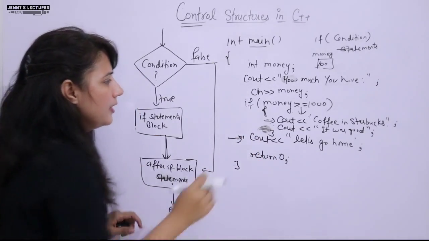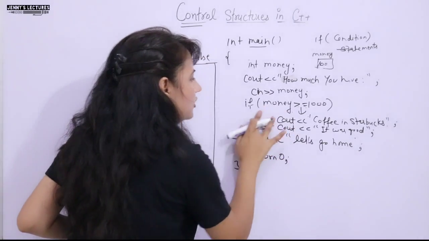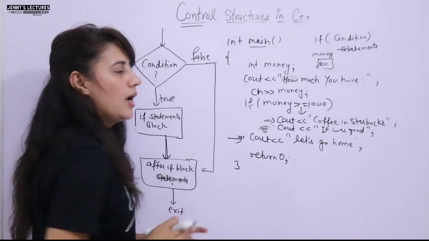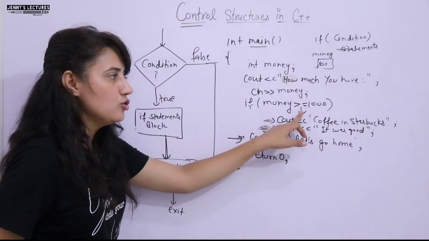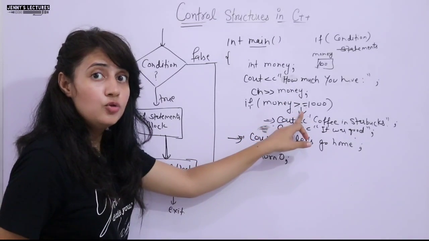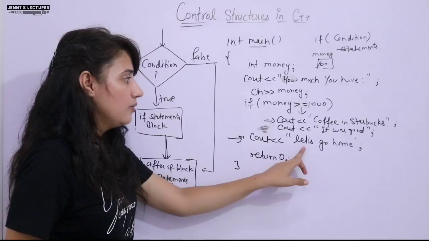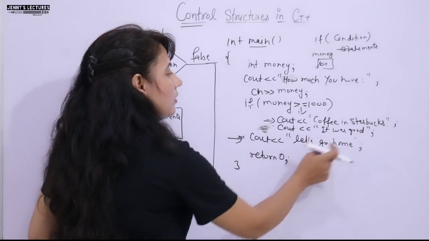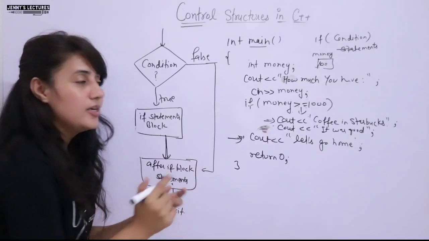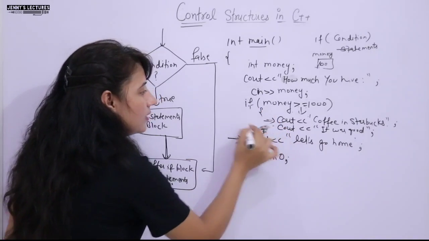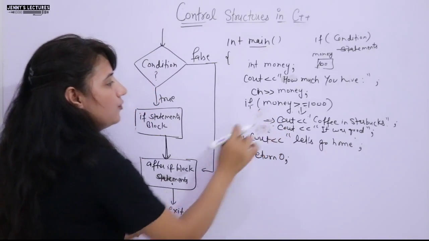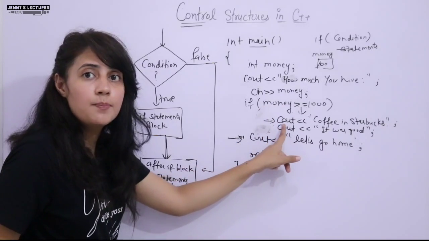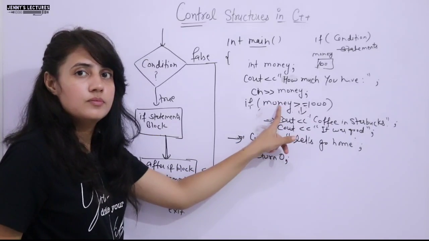Right? If you don't put these brackets, now what would happen? If money is 100, the condition is not true, so you think the output will be Let's go home. But no, the output would be: It was good, let's go home. Why so? Because you are not putting any curly bracket here. So by default, only one statement after this if would be considered part of this if block.